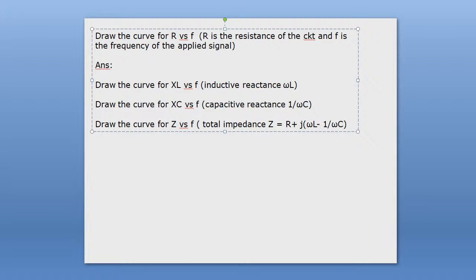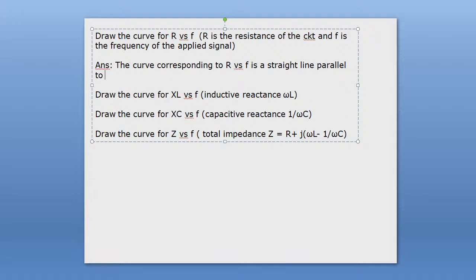The curve corresponding to R versus F is a straight line parallel to the x-axis, parallel to frequency, because along the x-axis we have considered frequency.